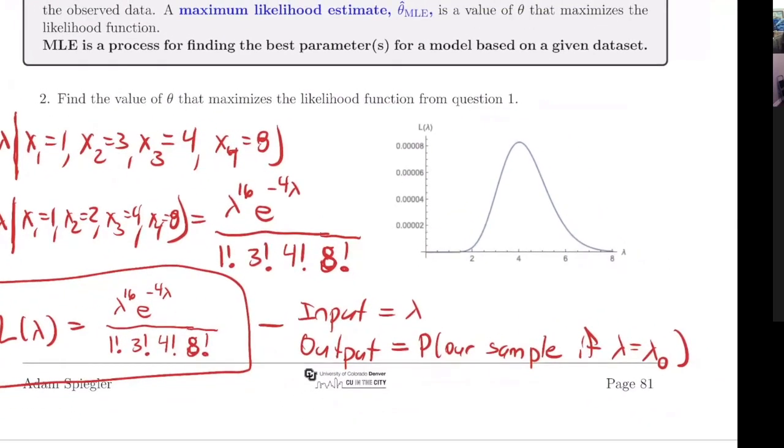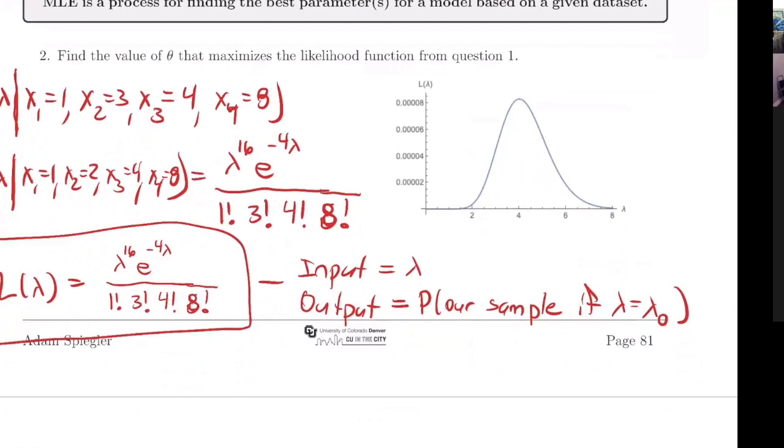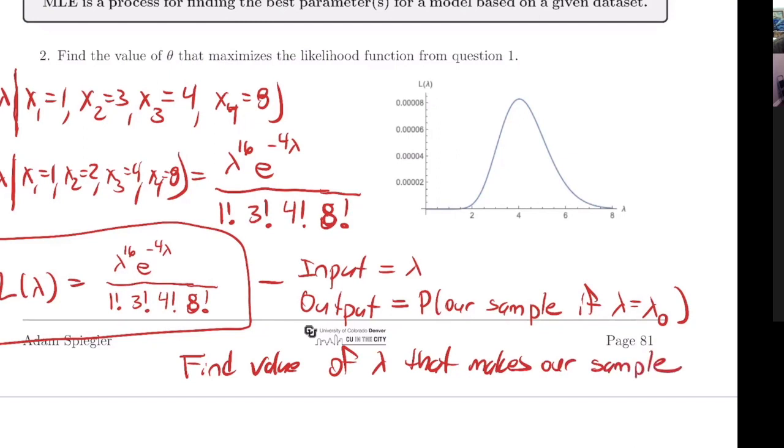So if you're looking at this function, it's just a function of one variable. It's like a very single variable calculus sort of thing. So what I want to do is find the value of lambda that's going to make the sample that we observed most likely. That's going to make that probability greatest.